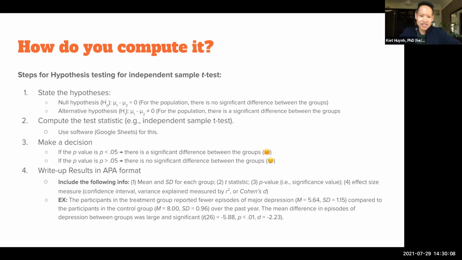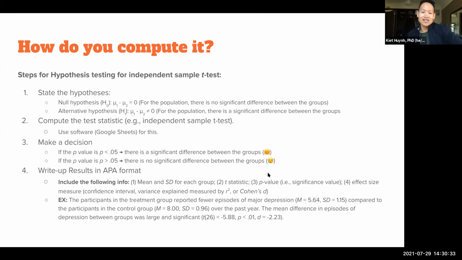Okay, so after you run the test, you have to make a decision. Is your finding significant or not? Again, we're looking at the p-value. If your p-value is less than 0.05, you say that your results are significant, and that there's a difference between the groups based on the t-test. If it's greater than 0.05, then you say there's no significant difference. That's why I have a happy face if it's less than 0.05 and a sad face if it's greater than 0.05.